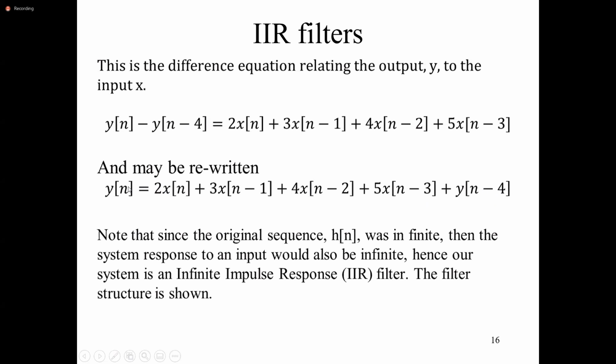So our difference equation is now as shown here, with our y of n minus 4 over with our x's. Now, just to remind you, since our h of n was infinite, then the system response would also be infinite.